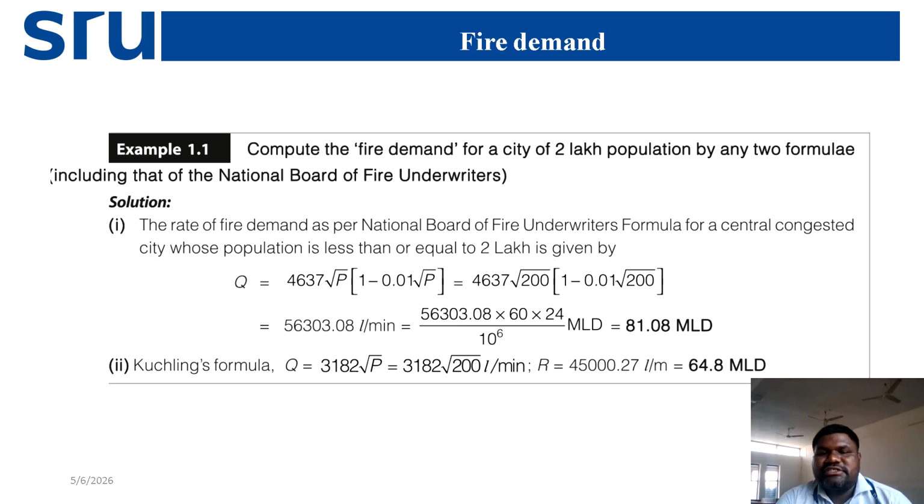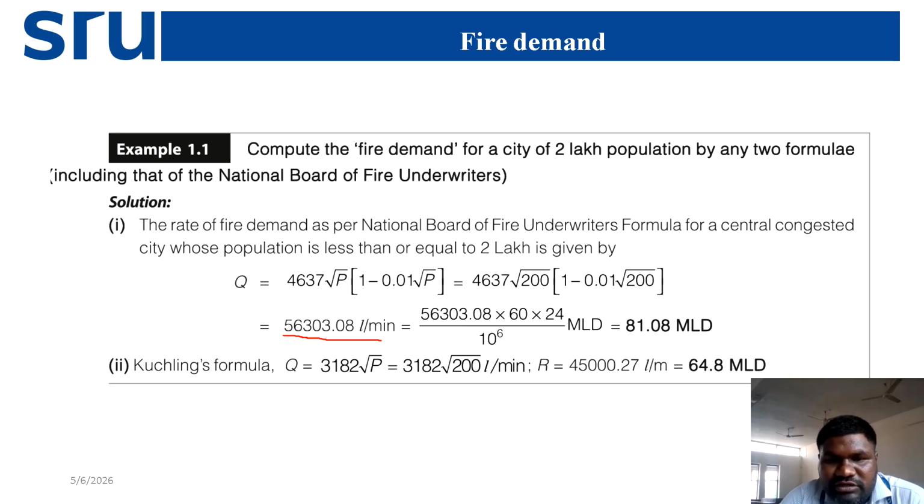So 4637 square root 200 multiplied by (1 minus 0.01 square root 200). Whatever the calculated value is, it should be around 56,303.08 liters per minute.